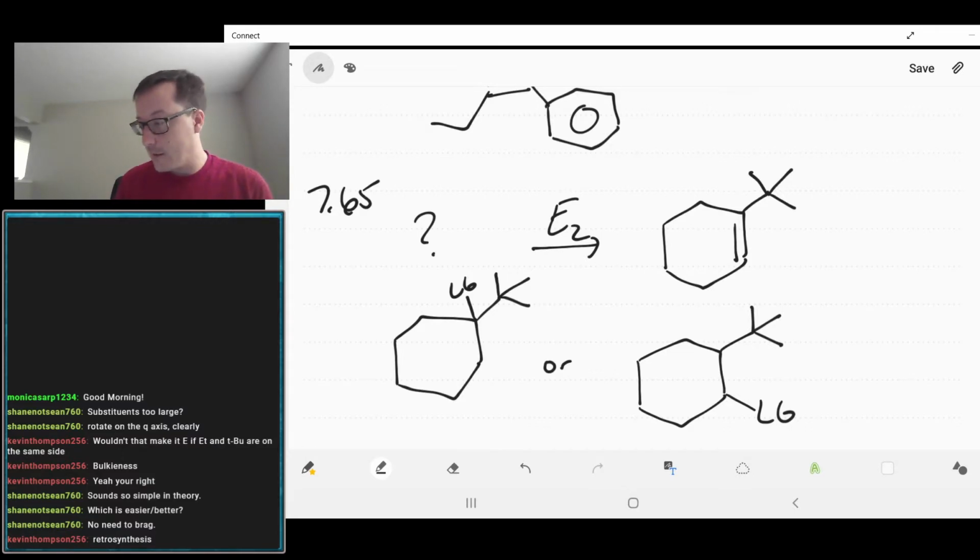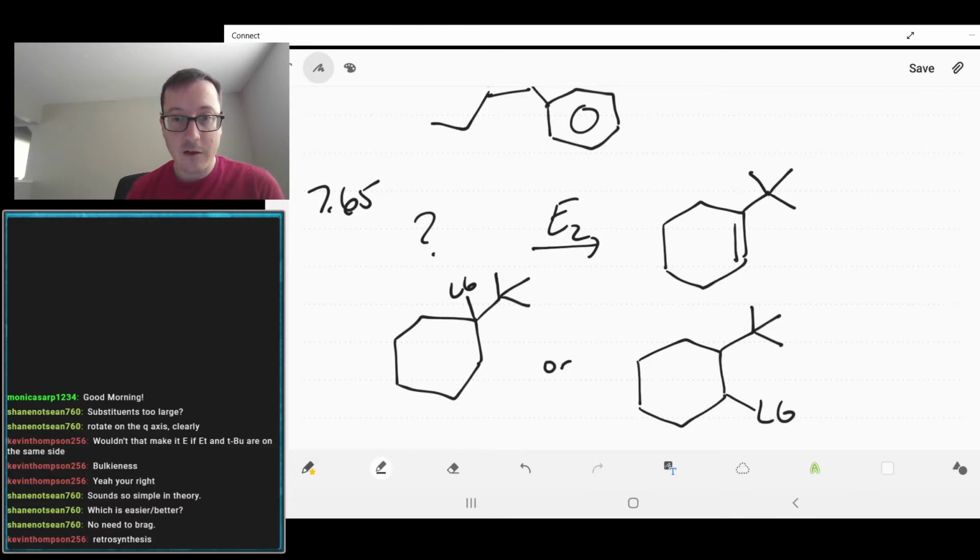And indeed, with this, we have multiple options, right? There's no reason why one would be preferred over the other, at least at this point in our education. Do we see how I've put the leaving group on either side? We could have it on the carbon that has the t-butyl, or we could have it on the other carbon. Either way.